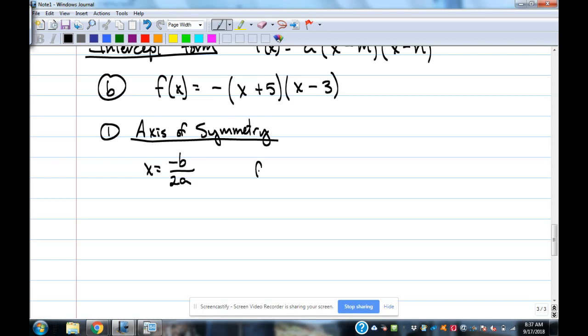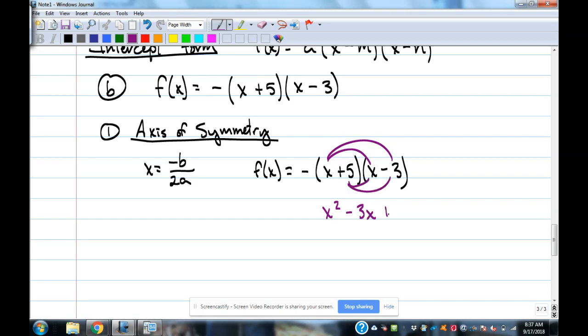Okay, so distributive property happening twice here, or 3 times actually. That'd be x squared minus 3x plus 5x minus 15.